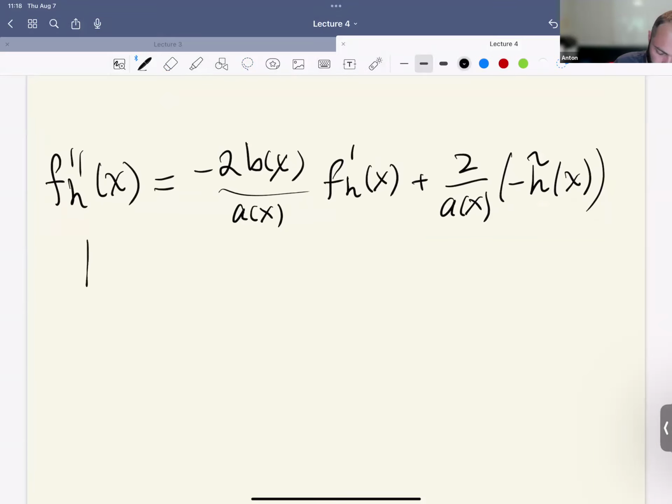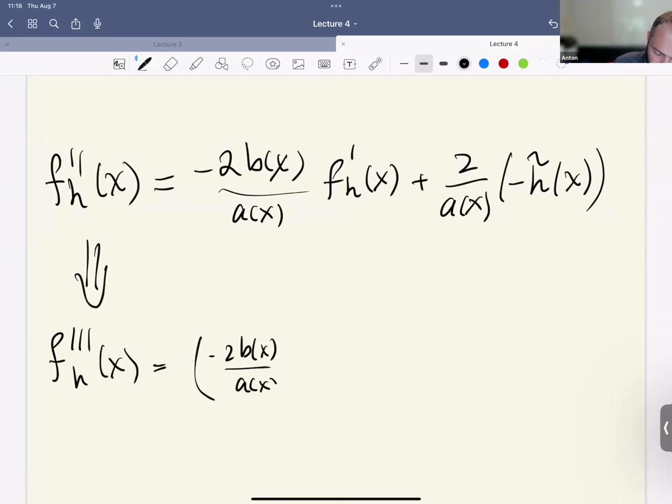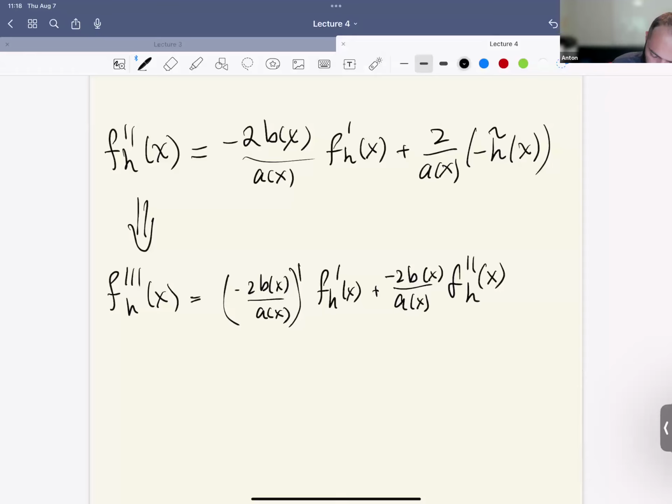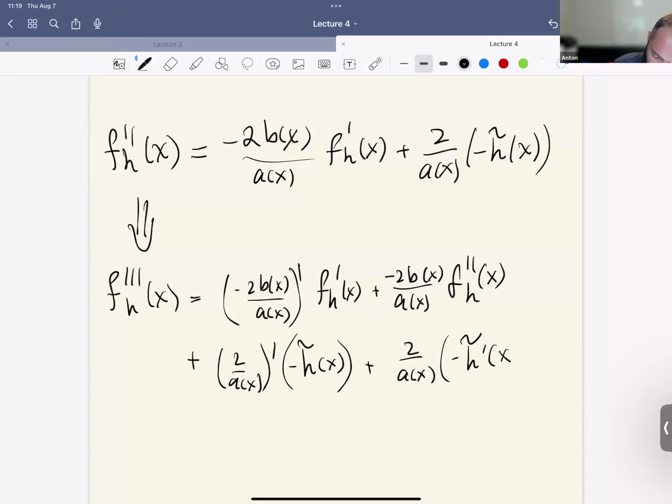F triple prime is negative b 2b of x over a of x prime f prime plus 2b over a of x f double prime of x plus 2 over a of x prime negative h tilde plus 2 over a of x negative h tilde prime of x.